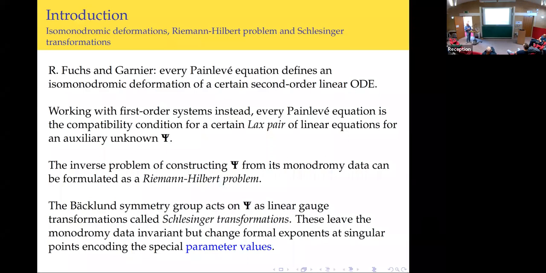But what they do is they change some formal exponents at singular points, and the exponents are what encode these parameter values that are special for the equation. So you apply the Schlesinger transformation, you change some exponent by an integer or something like that, and you're moving to the next point in the parameter space, picking up also the next special solution of the Painlevé equation.